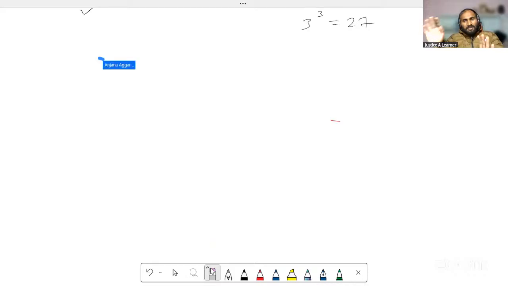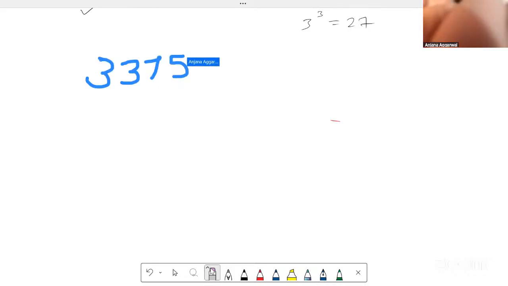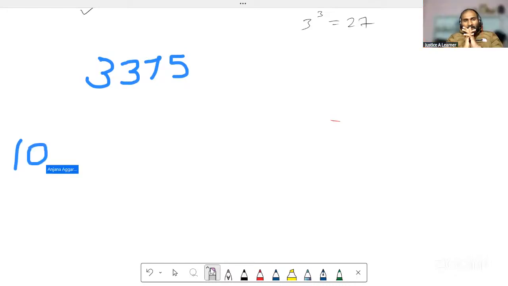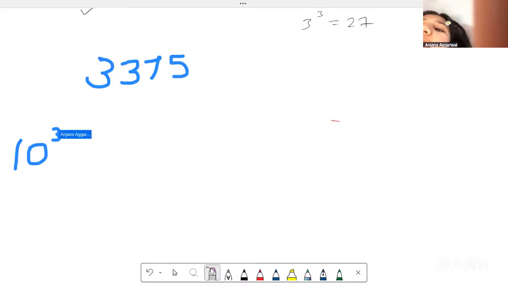Again, the base value is 10 to the power 3. It's always going to be 10 to the power of 3. I will tell you what to do next in other cases. So in this, is the answer 15? Yeah, true.